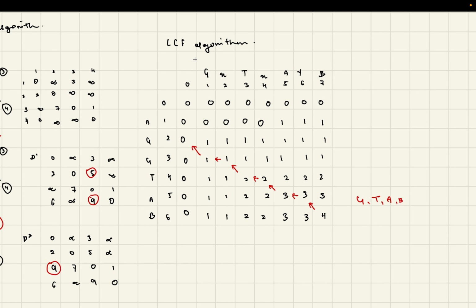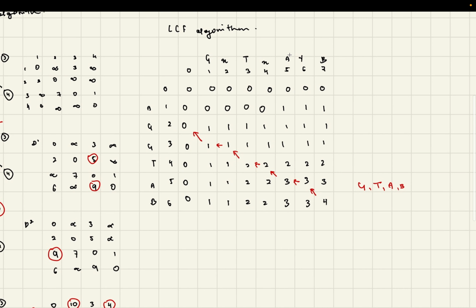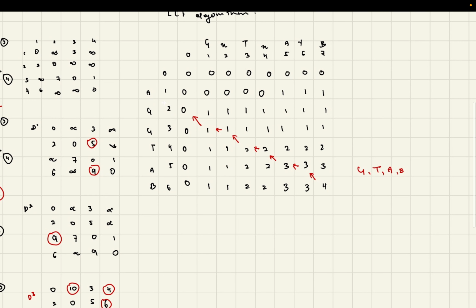So like GX, we are collecting it. We do not just compare by their index, but we collect it, we compare for the whole indices. And then we move on.